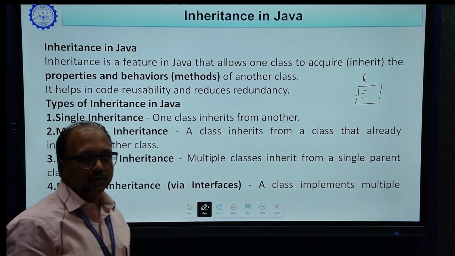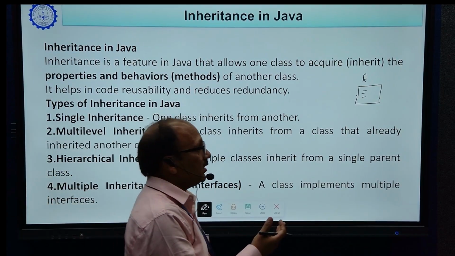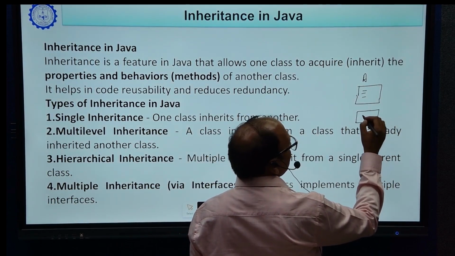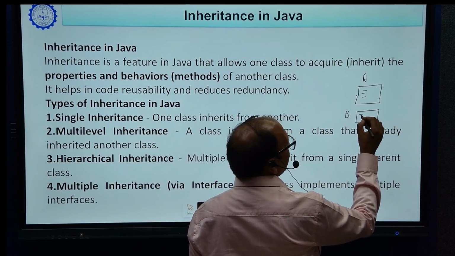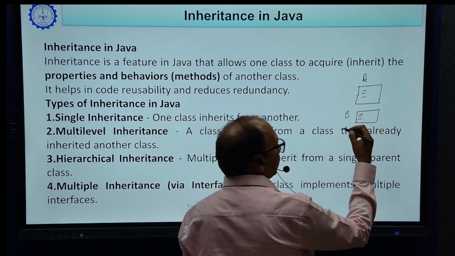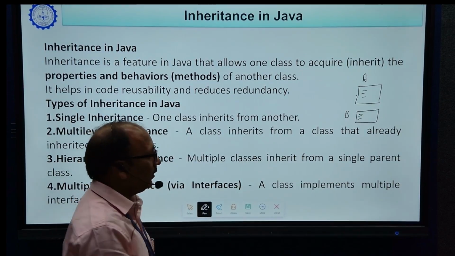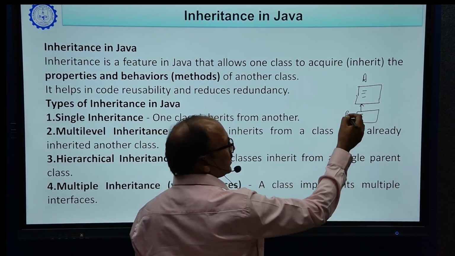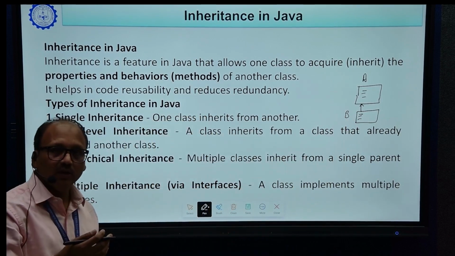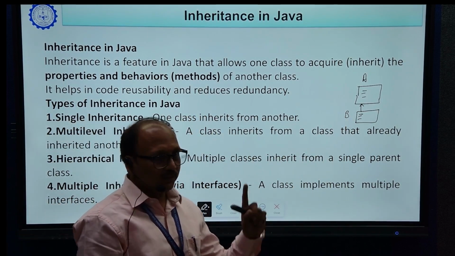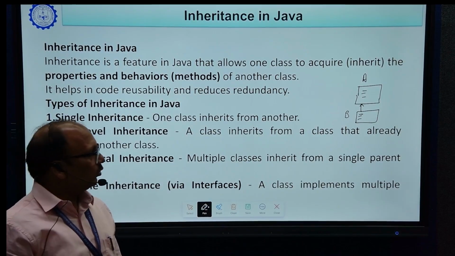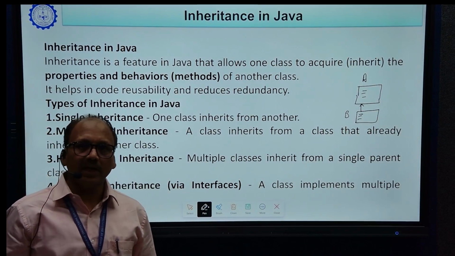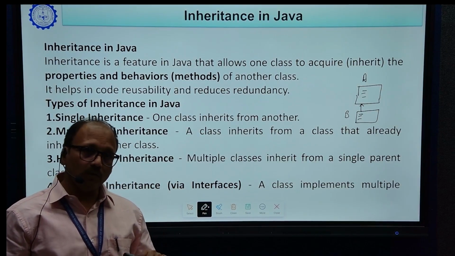If another class, say class B, also wants to acquire the properties of class A, what can we do in Java? We can use inheritance. That means class B can acquire the properties of class A with the help of inheritance. So basically, inheritance is a mechanism by which an object acquires the properties of another object.